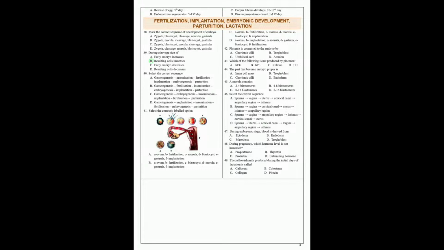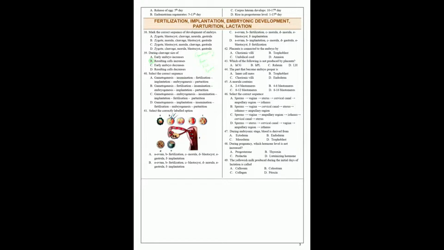Now, the 48th question. Select the correct sequence. First, gametogenesis takes place and gametes form. Then after gametogenesis, insemination takes place, the semen is transferred. Then fertilization. Then embryo development, that is morula and other formations, takes place.